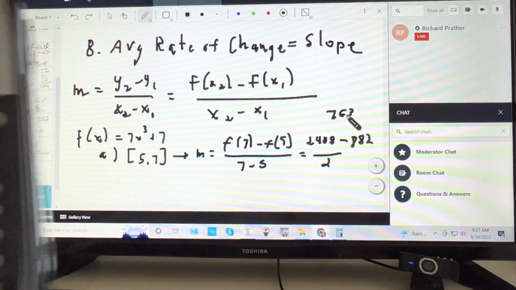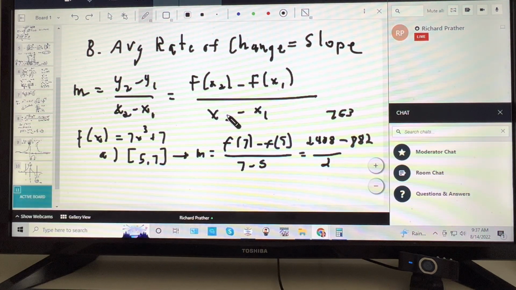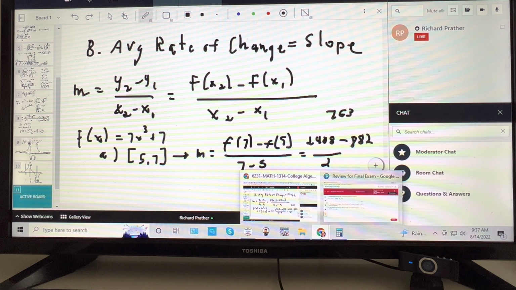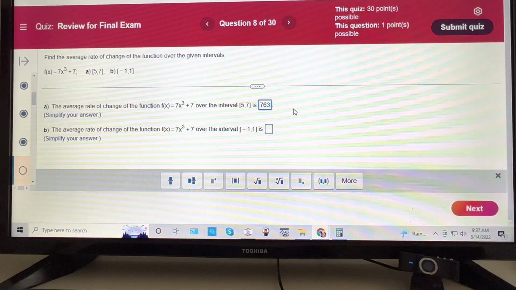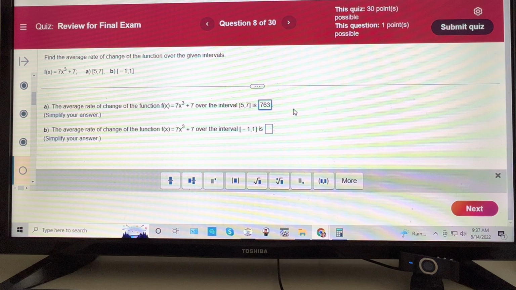So this is such a cubic function, such a fast rising graph when you get past the origin. And when you get to 5 and 7, the graph's like completely off the screen in 2000s and 800s. So if you actually drew this out on a graph, the line would be almost vertical at that point to have a slope of 763. The slope is 763 between 5 and 7.